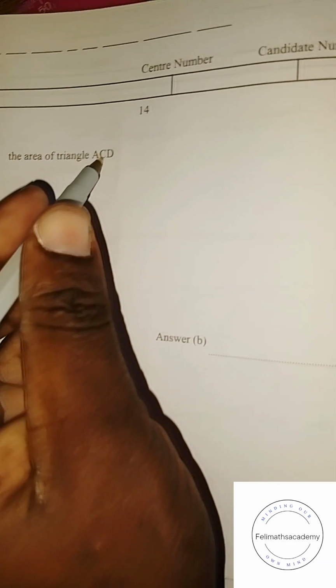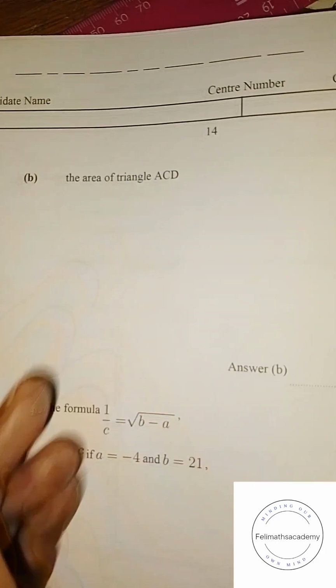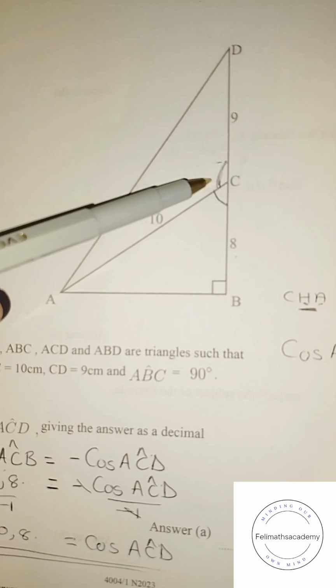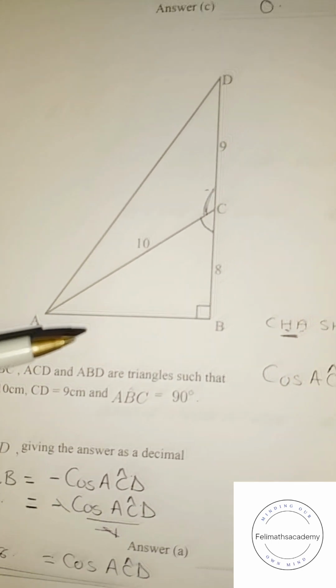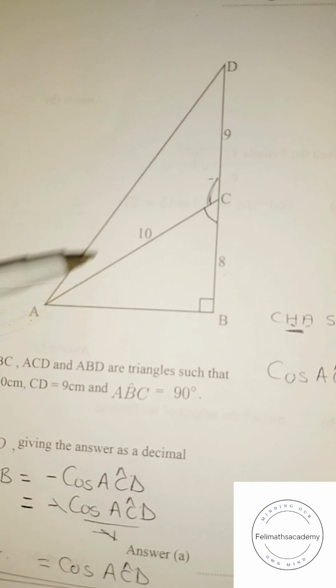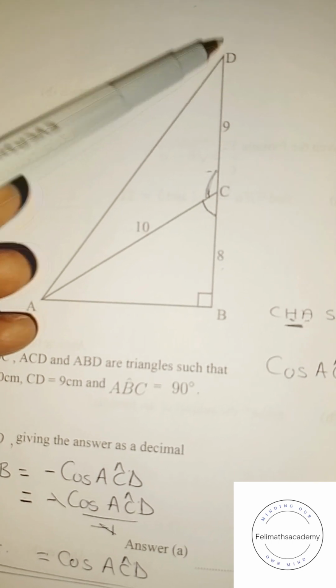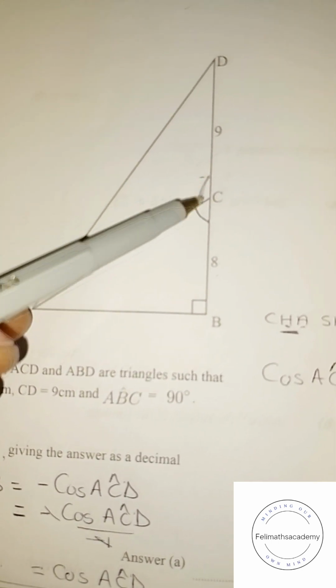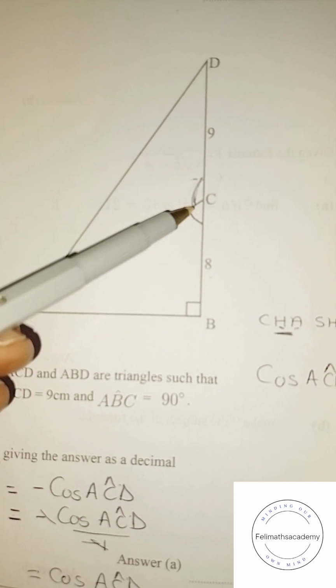Then we move on to B. Calculate the area of triangle ACD. To find the area of triangle ACD, we first find the sine of angle ACD. The sine of this angle is equal to the sine of this angle.